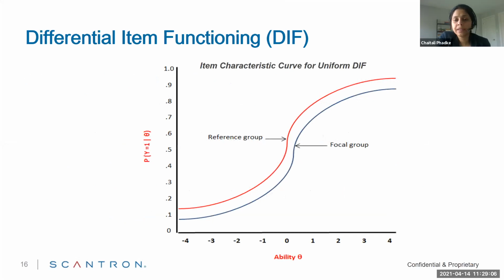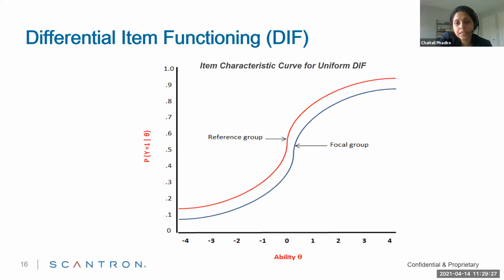So here is an example of DIF. What you see on the screen is an item characteristic curve, and this is an item curve for what we call uniform DIF. Now you see two curves, one red for the reference group and the blue curve for the focal group.